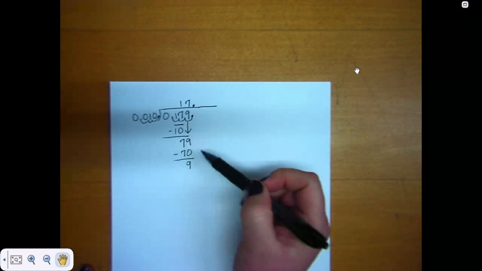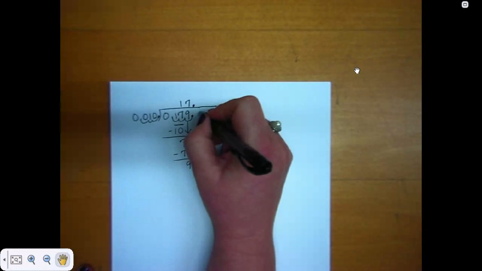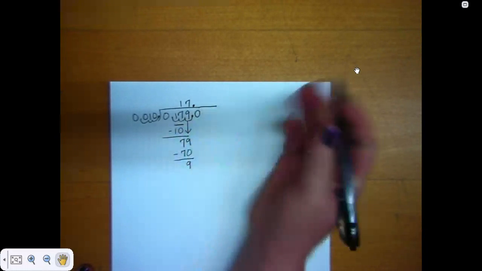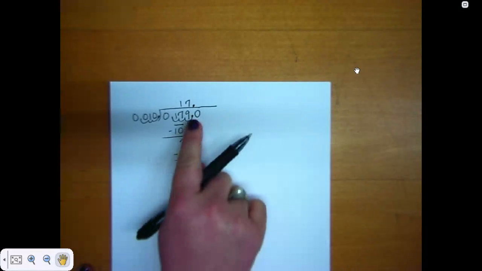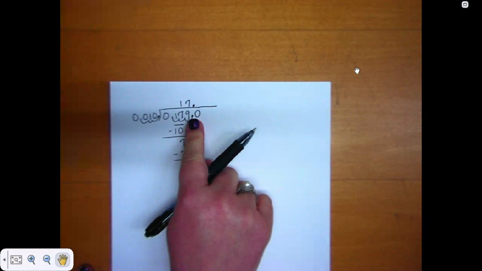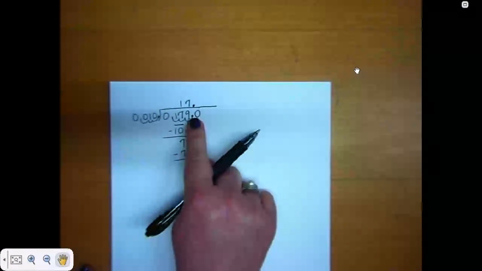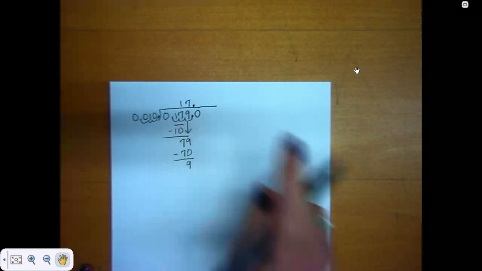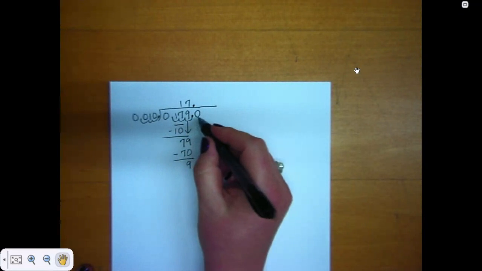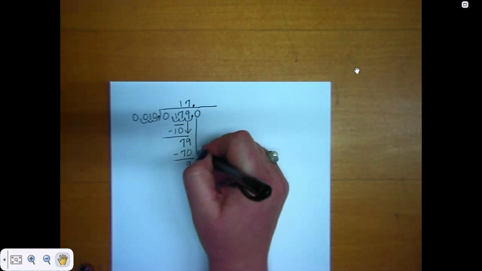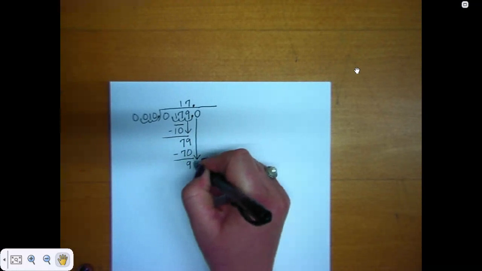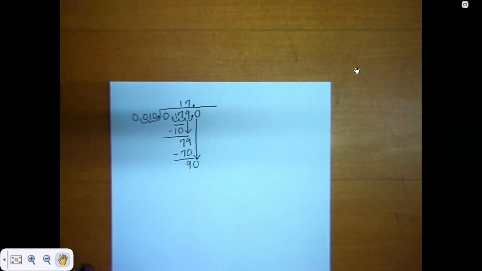Now, I don't have any more numbers up here, but I know that this 0 doesn't change my number because I have my decimal here. It still says 179 because 179.0 is still 179. So I'm just going to add that 0 there, and I'm going to bring it all the way down. And now we have 90.